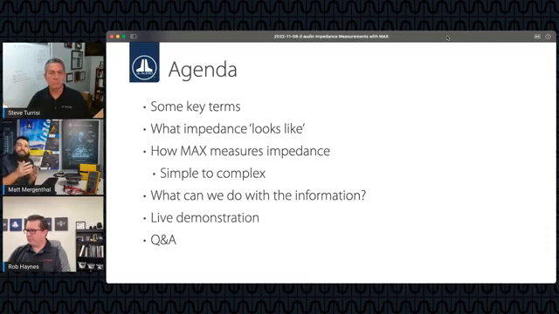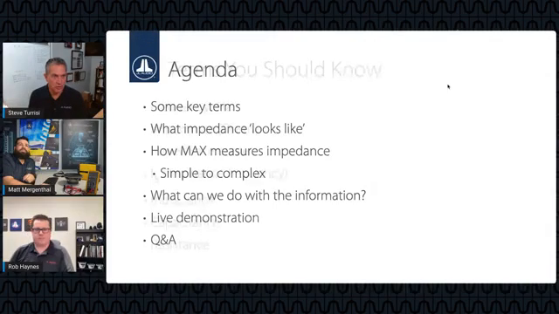We'll go over what impedance looks like on a graph. We'll talk about how Max measures impedance, from simple ways to more complex ways. We'll talk about what we can do with that information, and then we're going to jump into a live demonstration and a Q&A at the end for anybody who has any questions. All right. Fantastic. Sounds like a good agenda, Matt.